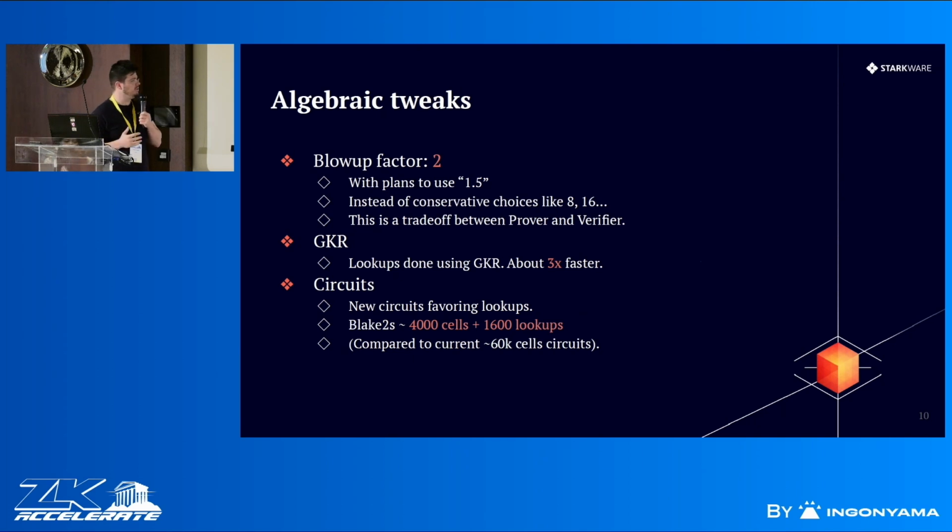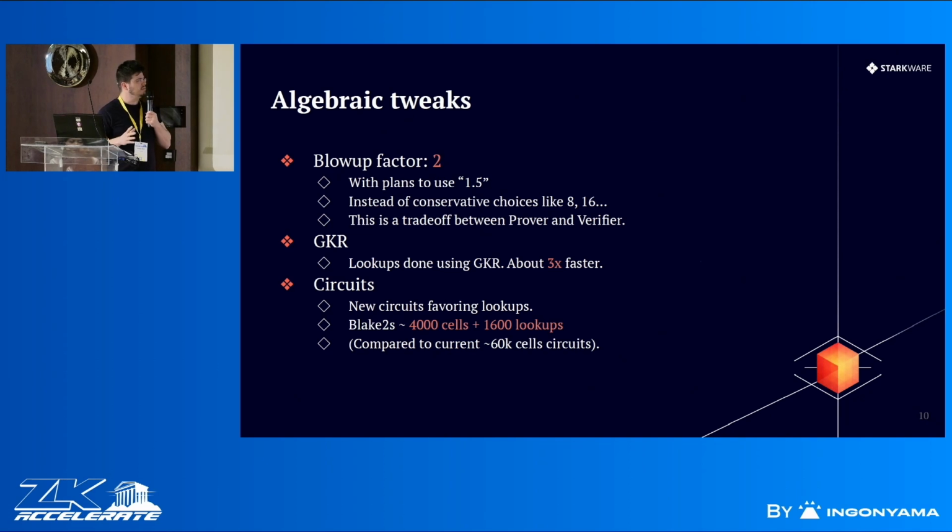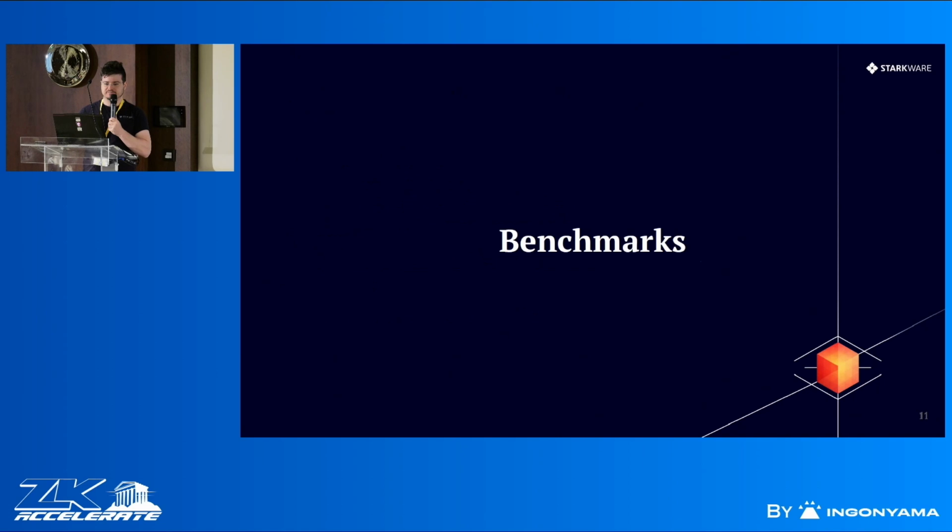For example, compared to other circuits we have in Stone or in other projects that might have something like 60,000 cells, 50,000 cells, we use only 4,000 cells plus a lot of lookups for Blake, which you can compare to about 8,000 regular cells if you want to compare it to cells with no lookups.